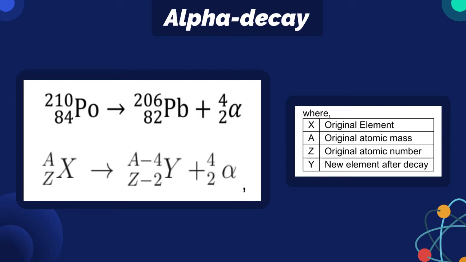Di ba nga po, kapag alpha decay, nag-release siya ng alpha particle. Kapag po sinabi nating alpha particle, meron siyang 4 na neutron at saka meron din po siyang 2 proton. Now, ibabawas nyo po ngayon itong 4 na neutron at 2 proton dun sa original element nyo. So, kapag binawasan nyo po yan, 210 minus 4, magiging 206 po yan, and 84 minus 2 would be 82.